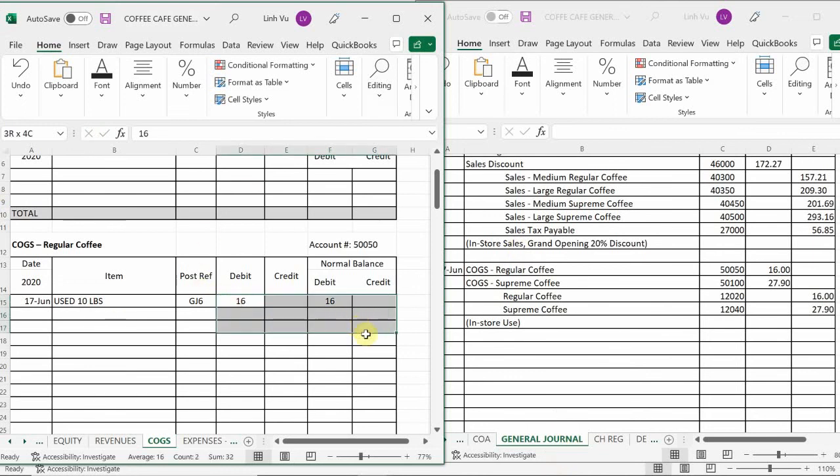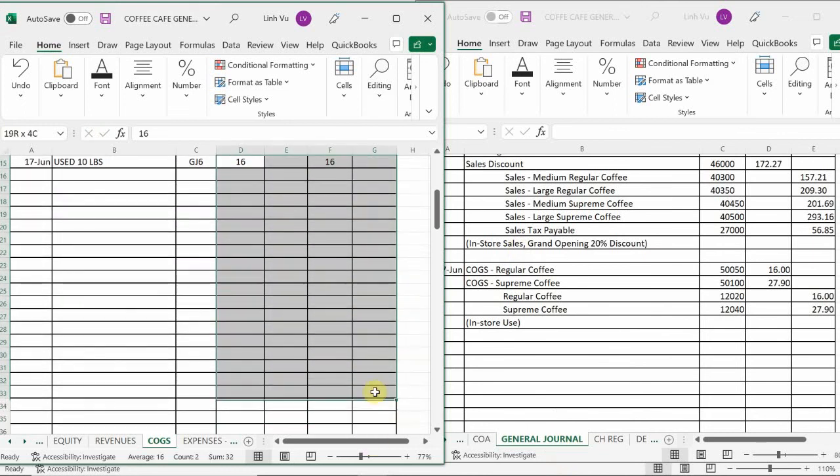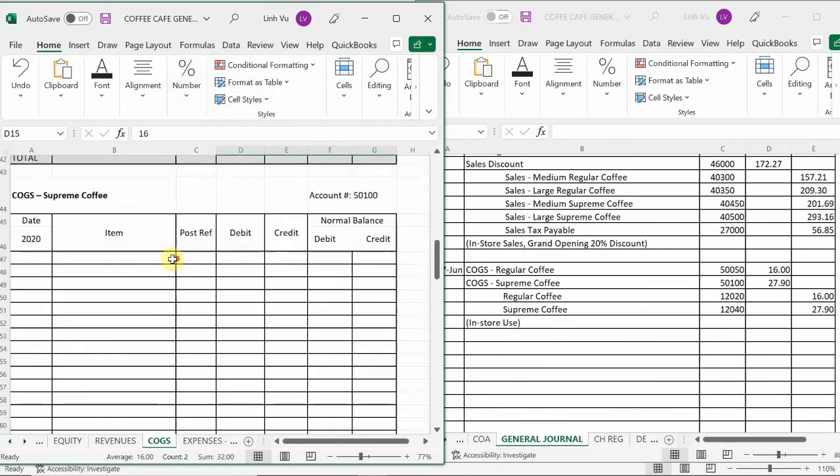Then you're going to go into your Supreme Coffee. You used 15.5 pounds, and you're going to debit that for $27.90.